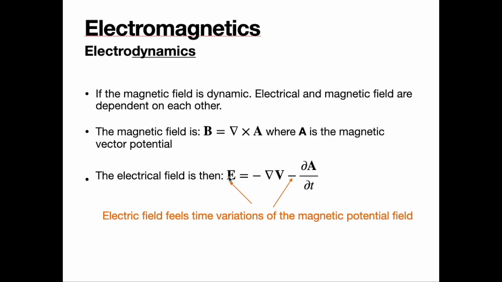You see the law for the electrical field: it's equal to minus the gradient of the potential, and there is now a contribution that comes from the time variation of the magnetic potential field. So that's the time variation, d dt, of the vector A. So there is a relation now. The electrical field will feel the time variation of the magnetic potential field.